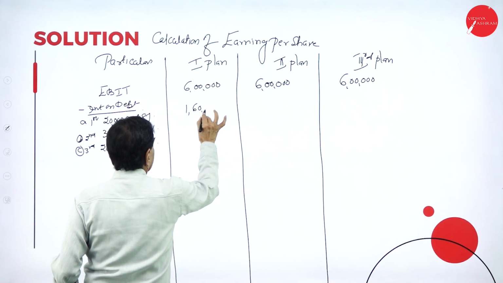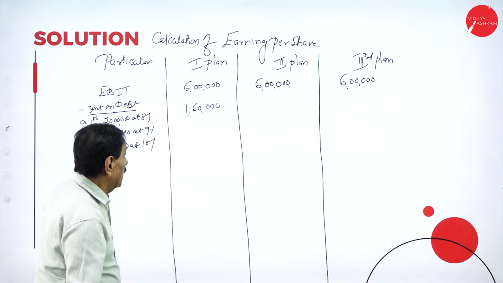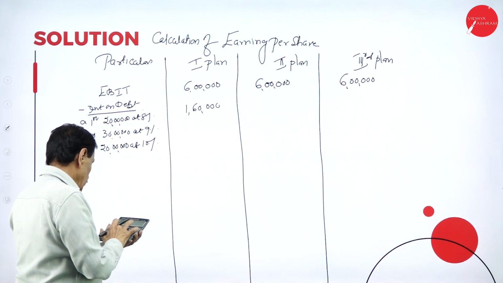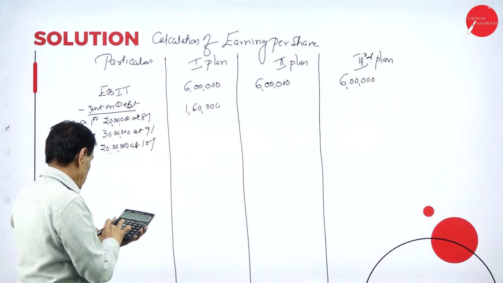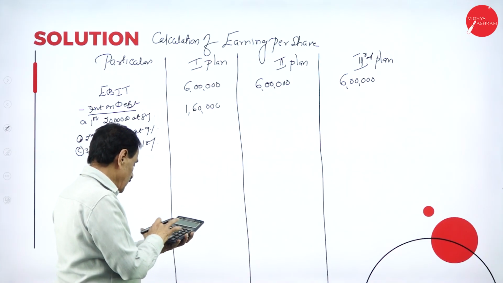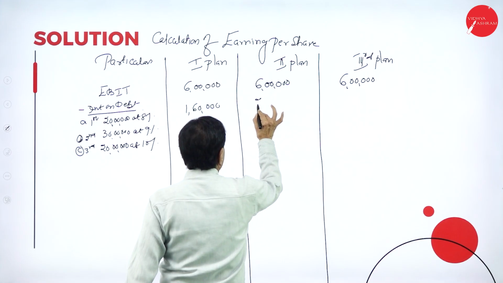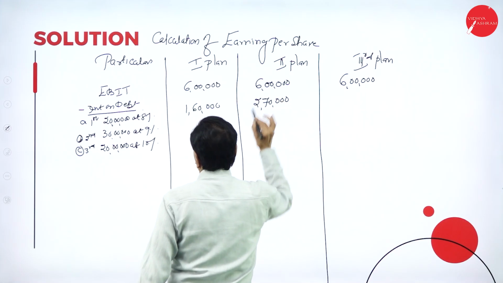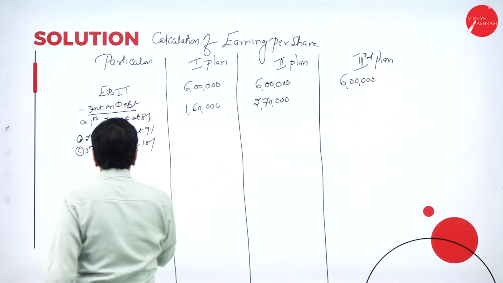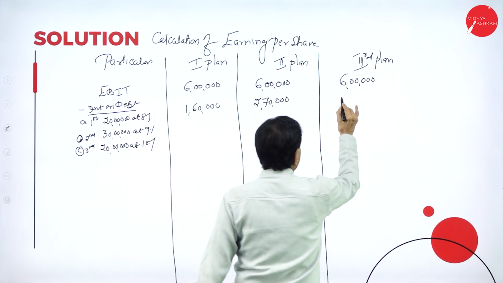1,60,000. Then 30 lakh into 9 divided by 100 is 2,70,000. Then this is 20 lakh, 10% means 2 lakh.